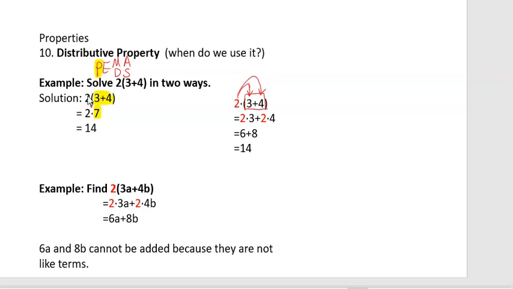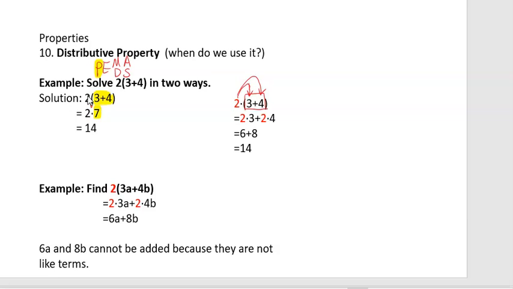When we double 3 and double 4, that is kind of like distributing 2, like I'm distributing 2 to 3, and then distributing 2 to 4. So we get 2 times 3 and 2 times 4.